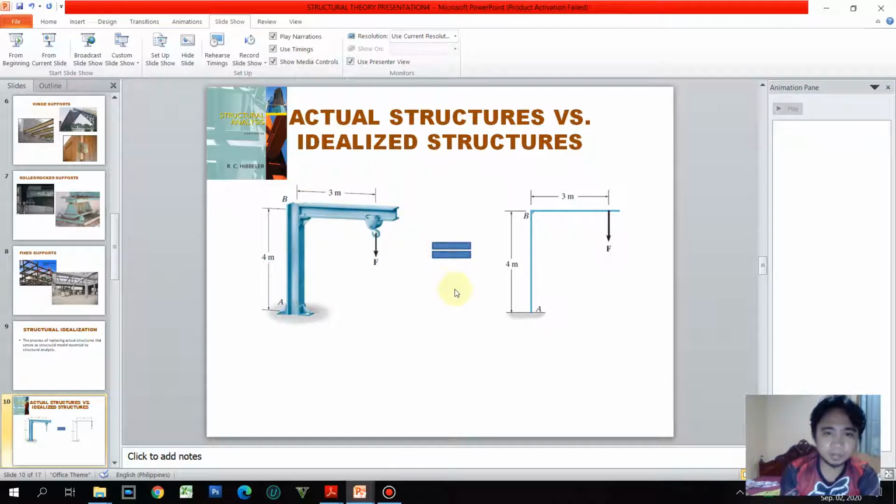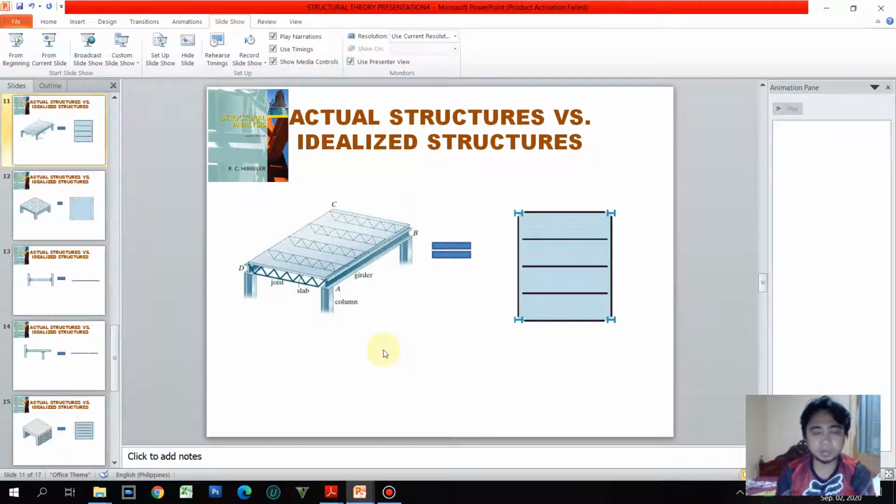So if we are going to have the idealized structure, it will simply be equivalent to this. It is fixed at A, fixed at B, and as we can see here, we have already neglected some details of this hook.